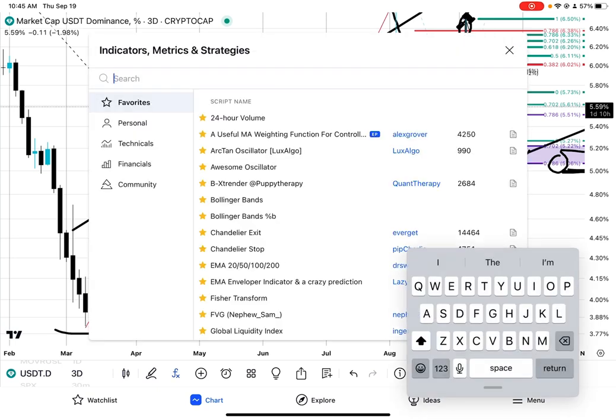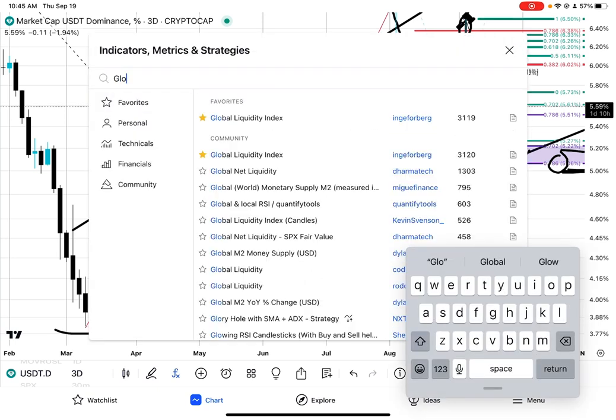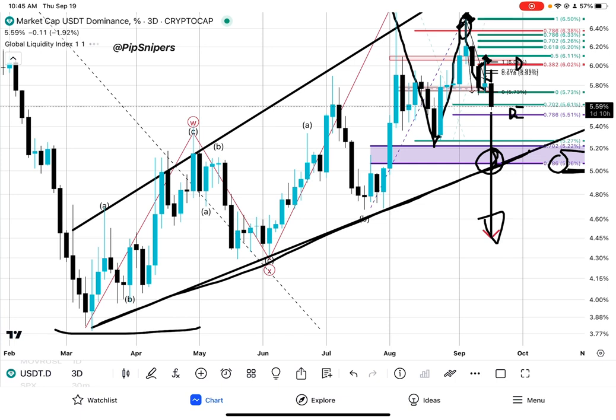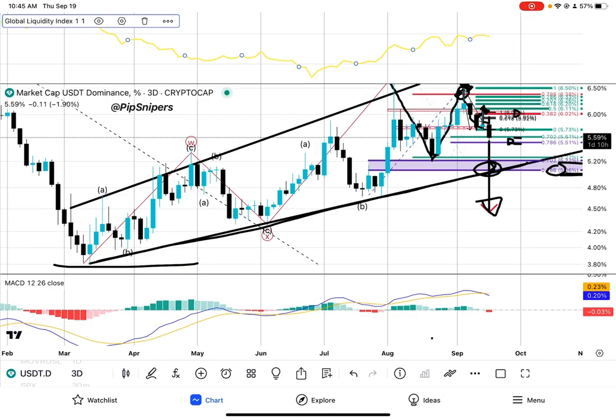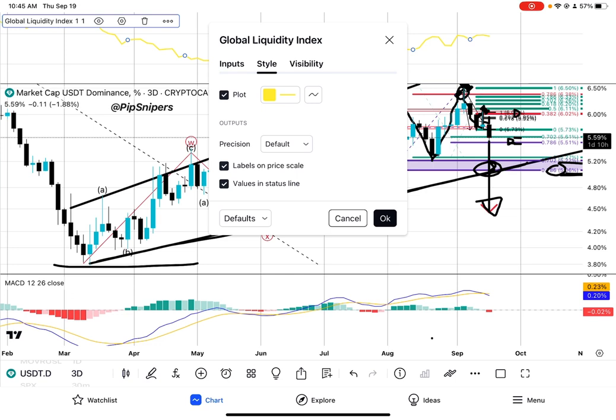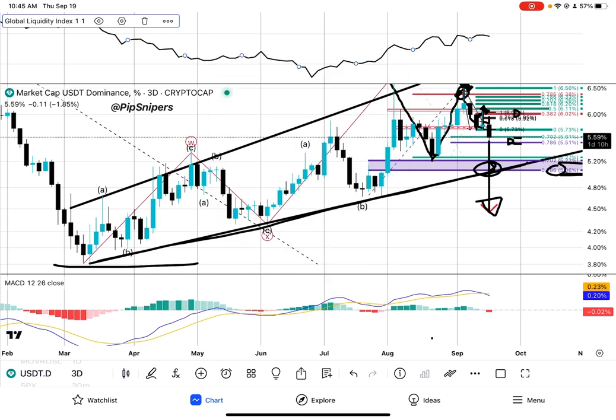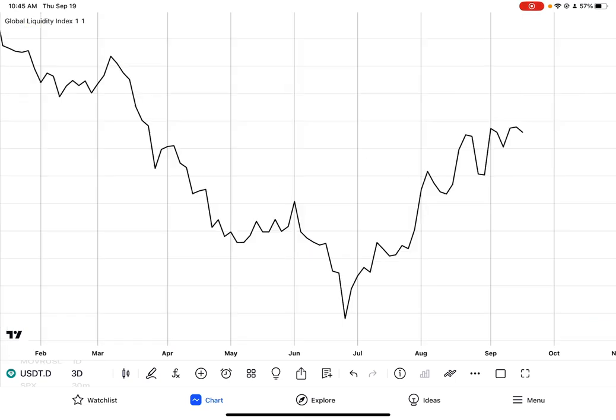Let's take a look here. Global liquidity index. And what we're going to do is we're going to add it to the pane above just so we can see this a little bit better. And we'll make this black just so you guys can see. And we'll take a look here.